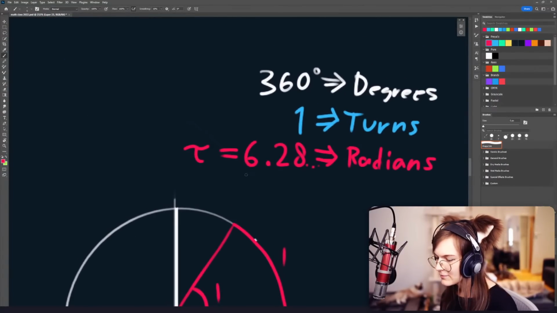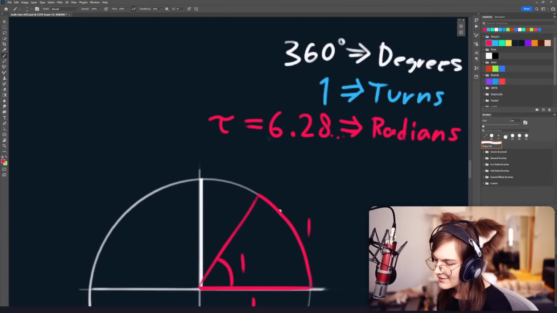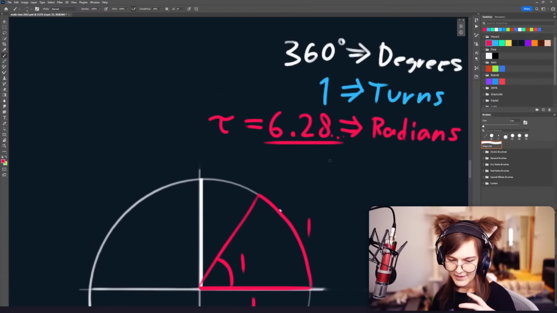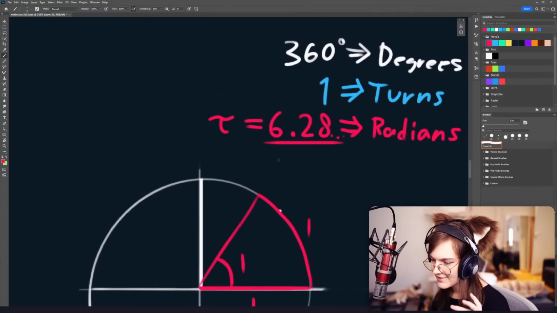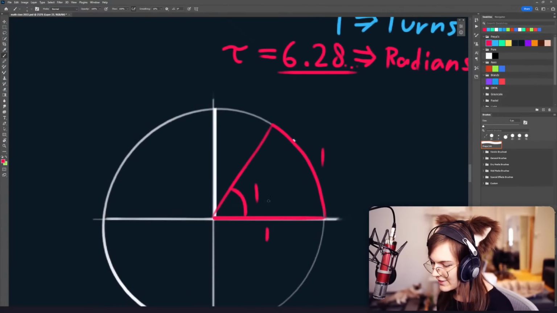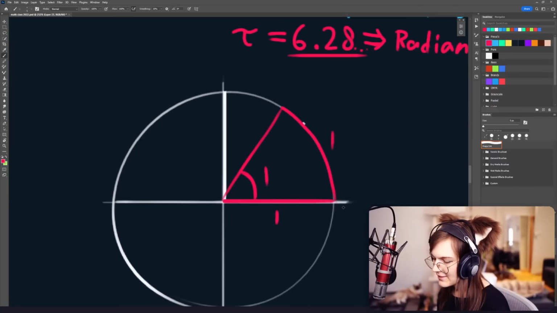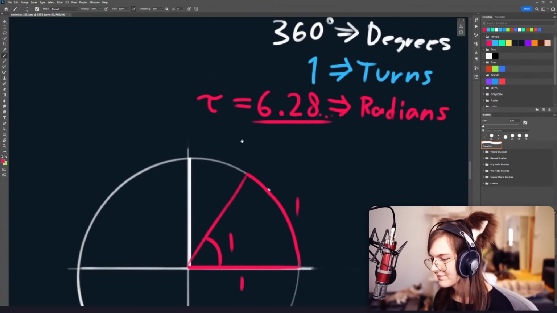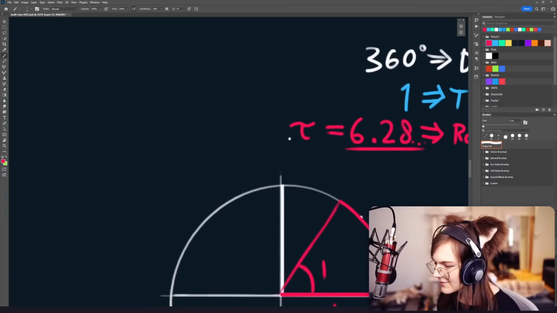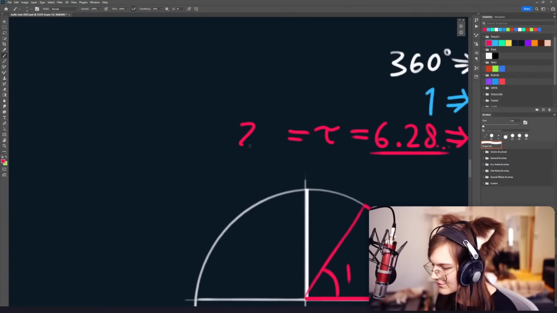So tau is equal to 6.28 yada yada, and that is the circumference of the unit circle. If you have a circle with a radius of 1, this is simply the circumference if you measure it all the way around. This value is also equal to 2 pi.